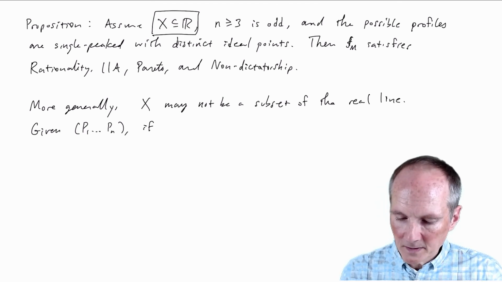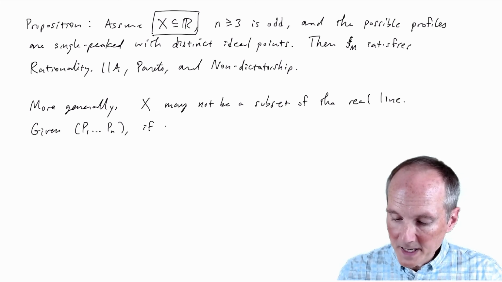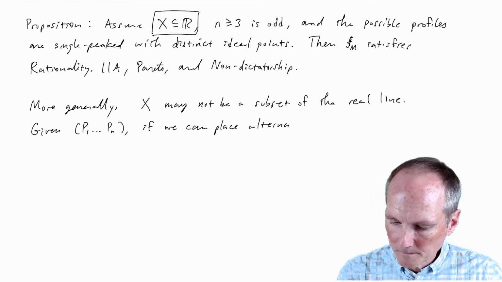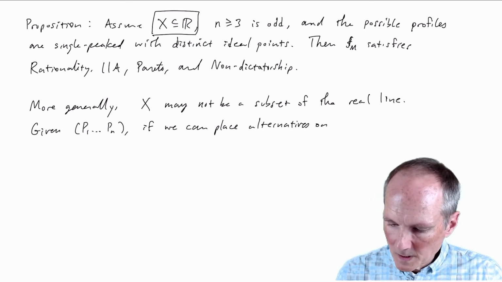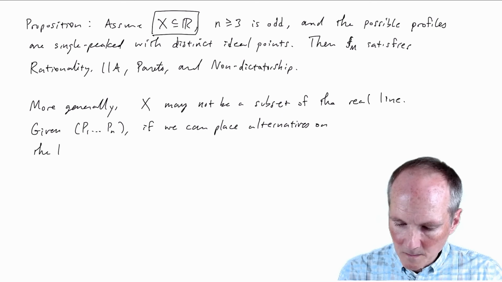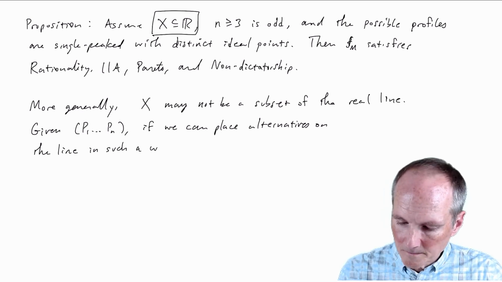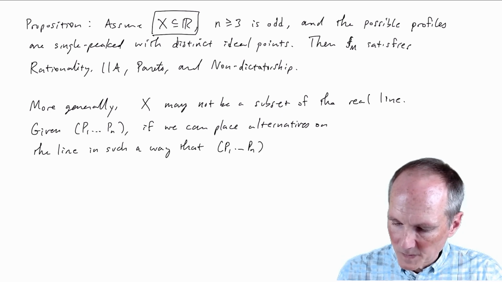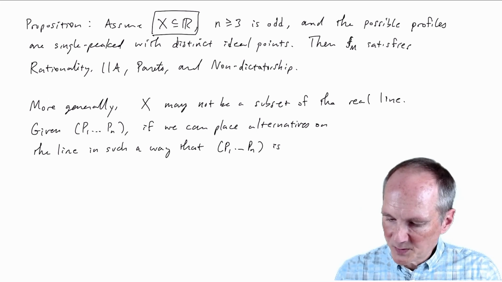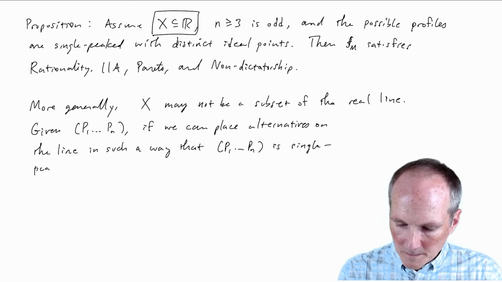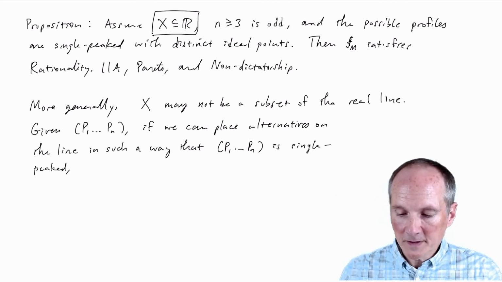So given this preference profile, if we can place alternatives on the line in such a way that we get single peak preferences, so in such a way that this profile is single peaked, well, then we can apply the median voter theorem on all these results we have.